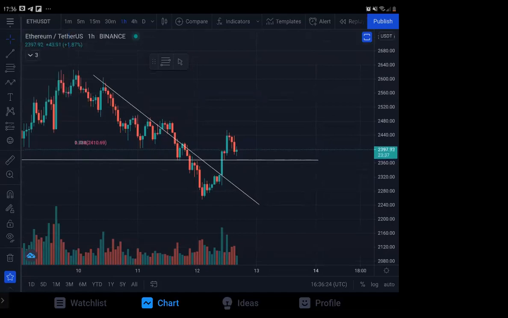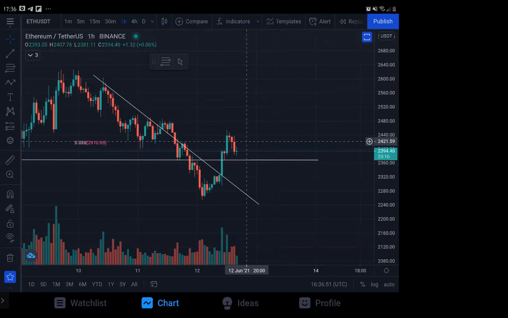Here is the retest, this area coming down to retest the previous resistance, which has now turned support. So the likelihood is that it's making higher highs and higher lows. That's a sign of change in trend.